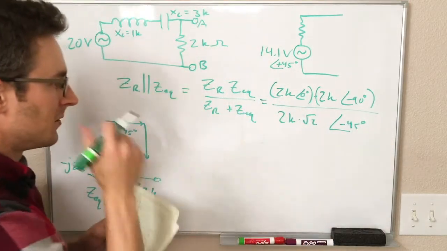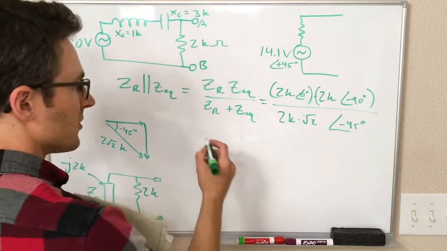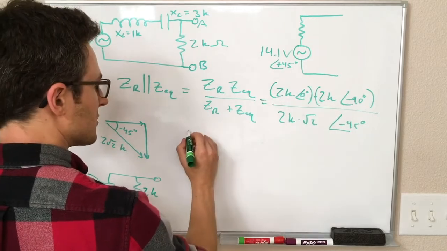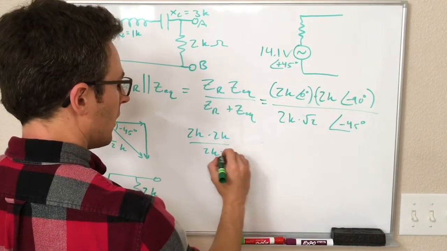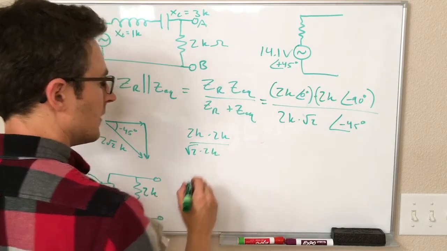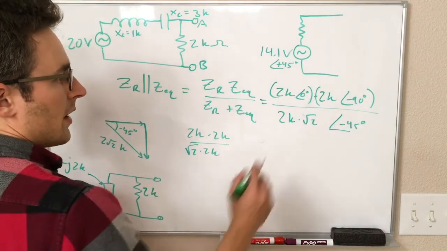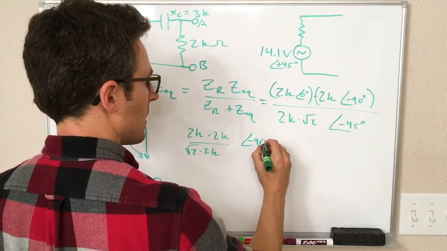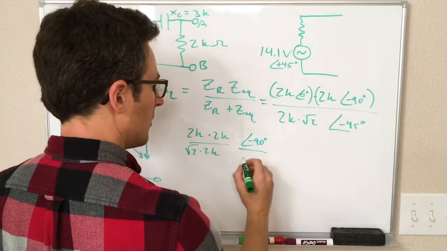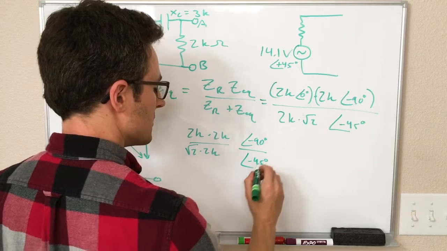All right, so now we're almost done with this. We have 2k times 2k over 2k, and we also have a square root of 2 in the denominator there. And we have 0 degrees plus minus 90 degrees, which is minus 90 degrees, over minus 45 degrees.